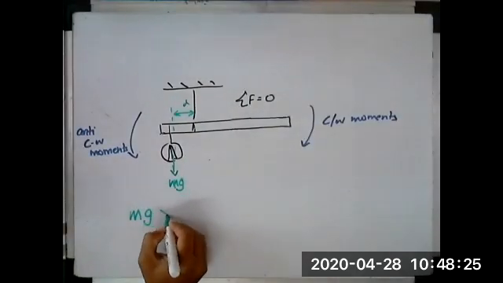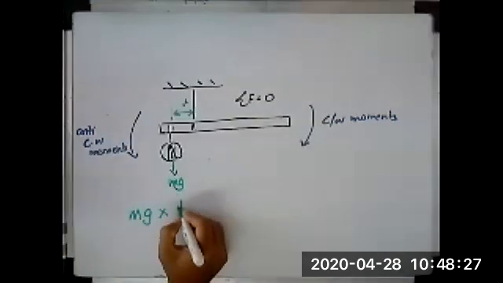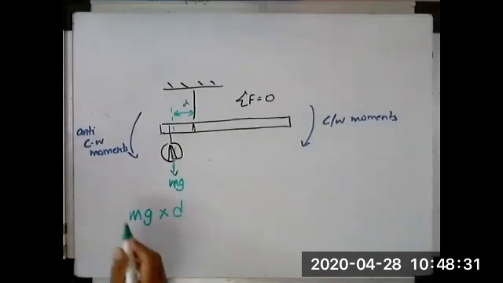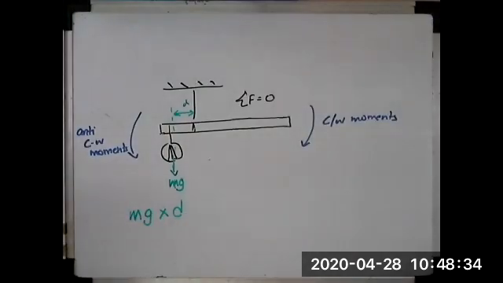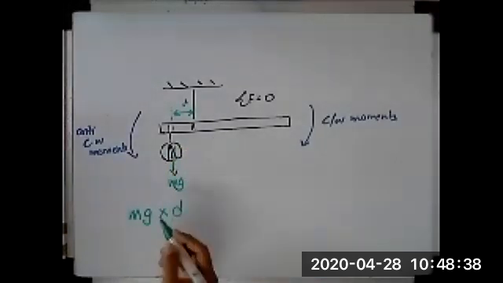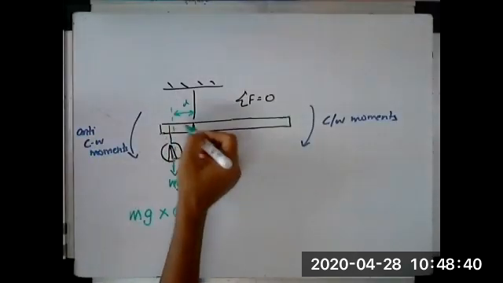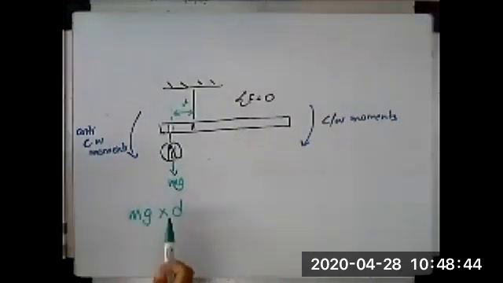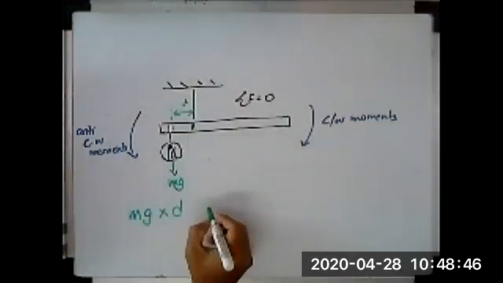It is mg multiplied by that distance d, perpendicular distance d. If you want to use the vector argument, then the theta is 90 degrees, so therefore it will be 1. So it's just mg multiplied by d, no issues there.